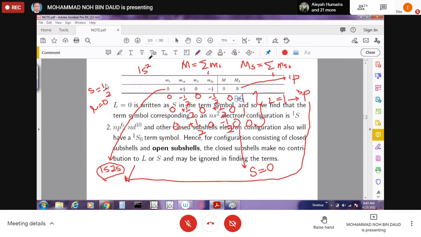How about this one? What we can conclude here, we can use directly the angular momentum addition rules, like what we have done here.